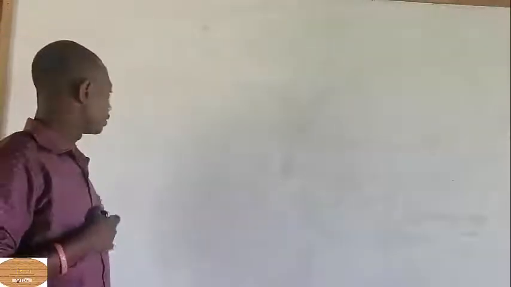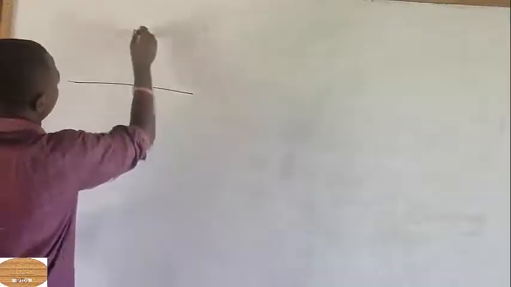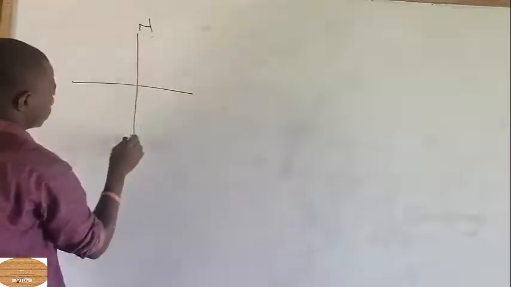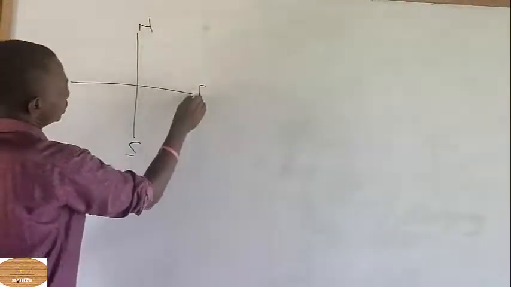Alright, so in talking of bearing, there are always three things you need to know about bearing. Before that, in case we are given this one, we have north, south, west, and east.